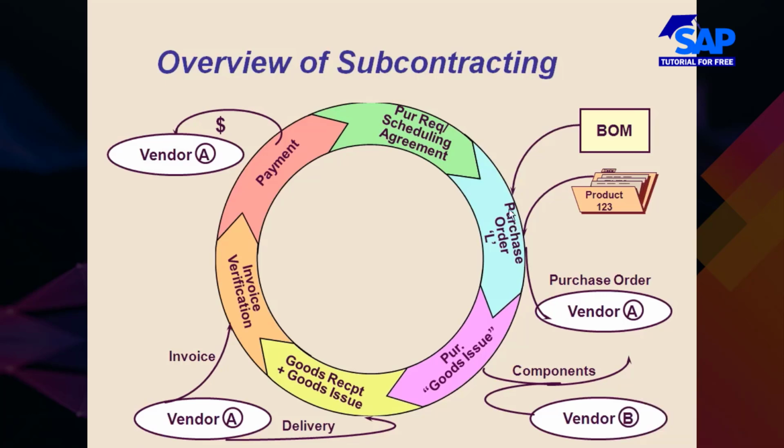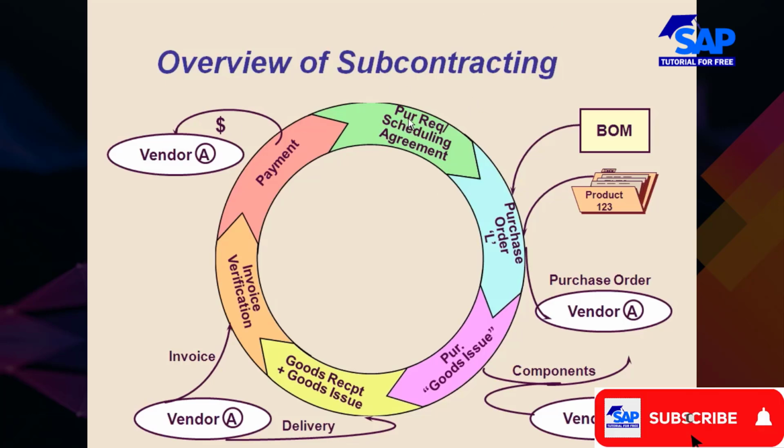Okay, so let's have a look at the process. As you have seen the other day, the consignment process is almost similar, or rather all the B2B procurement to pay processes are similar except one or two steps. This subcontracting process also starts with purchase requisition creation like any other procurement process.